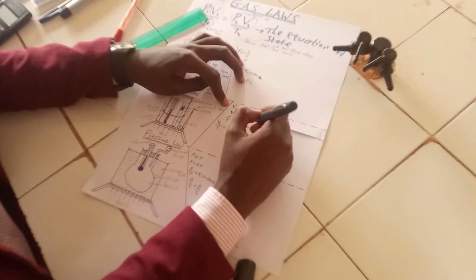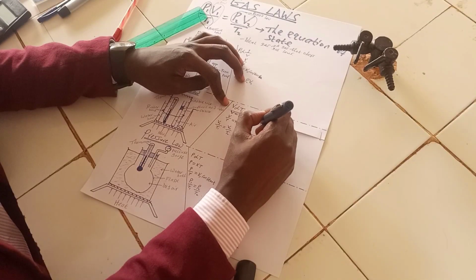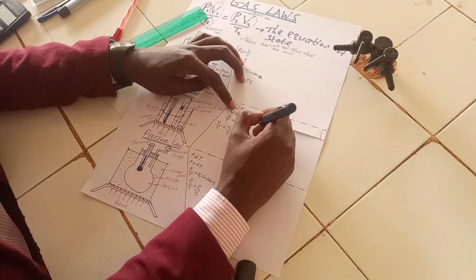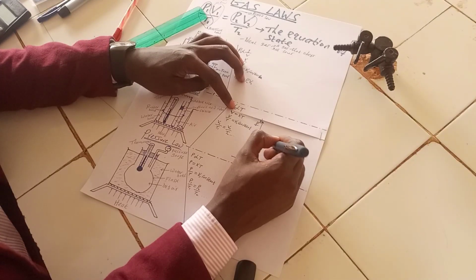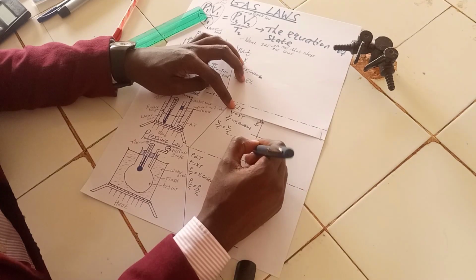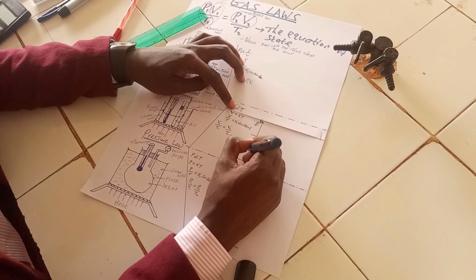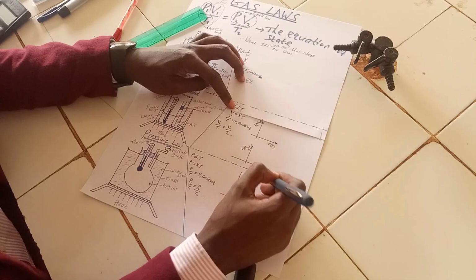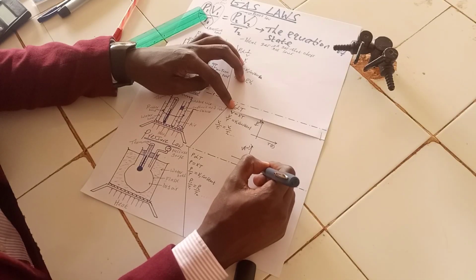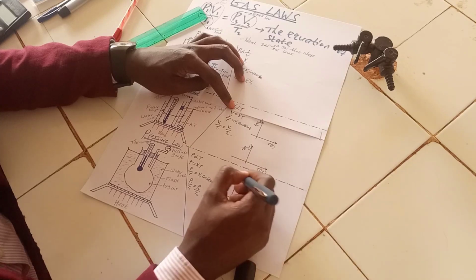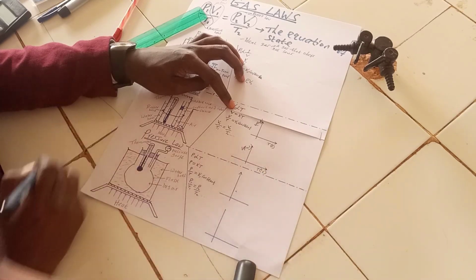So that means volume in centimeters cubed against temperature in Kelvin. We also have volume in centimeters cubed against temperature in degrees Celsius. Let's start with these two.